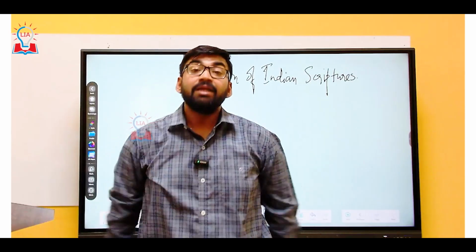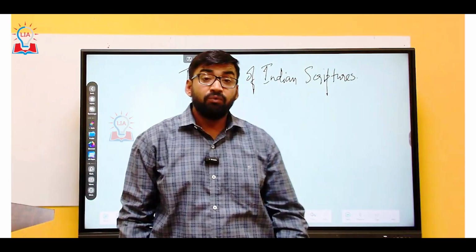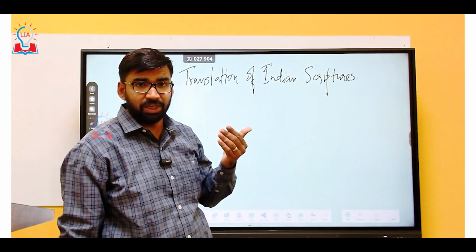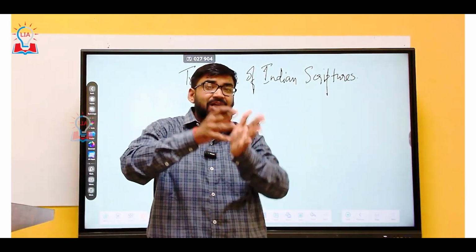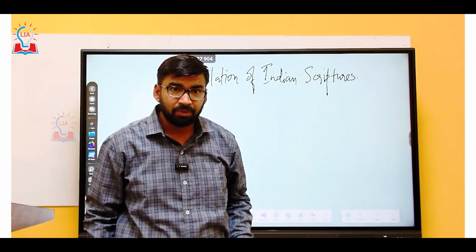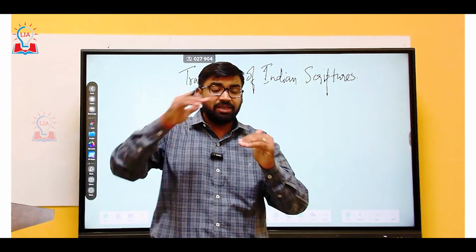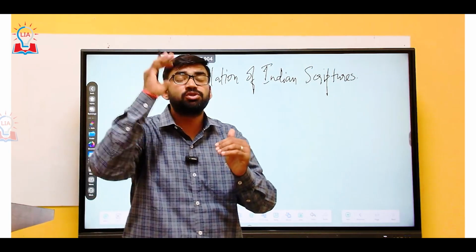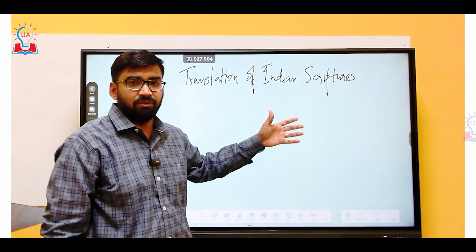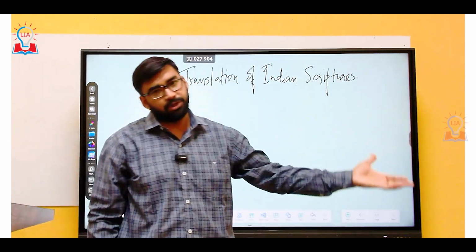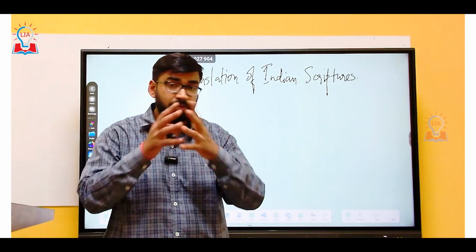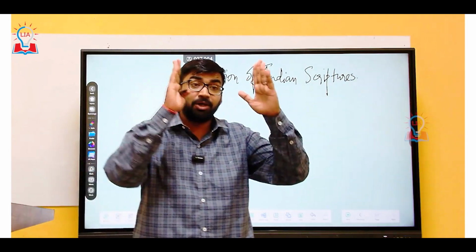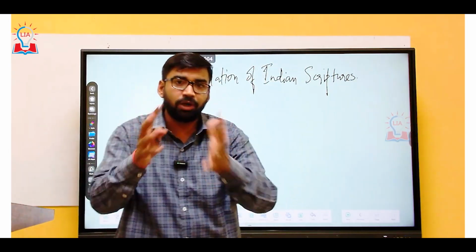Getting my point? That is why when Delhi Sultanate rulers came, they started translating Hindu scriptures. When Mughals came, they started translating Turkish and Hindu scriptures. Same thing was done by British also, because it is very important to understand that particular area that you have conquered.